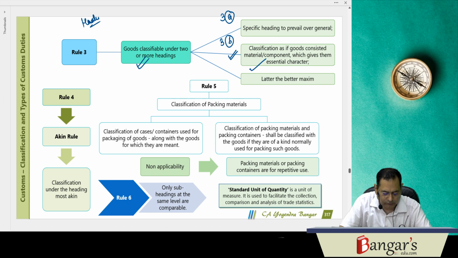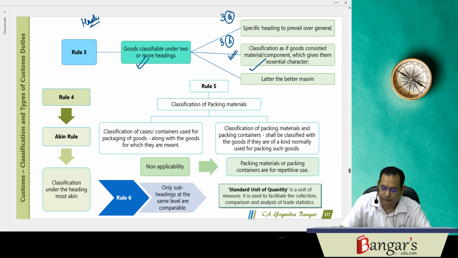So mixtures, composite goods consisting of different materials or substances, or goods which have been put in a set for retail sale, which cannot be classified as per the above, will be classified as if they consist of the material or component which gives them the essential characteristics.